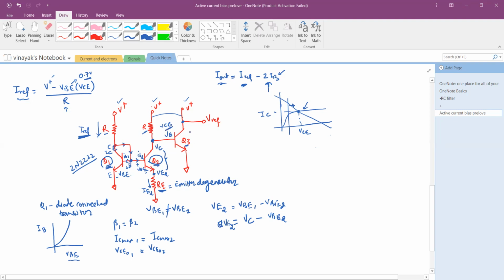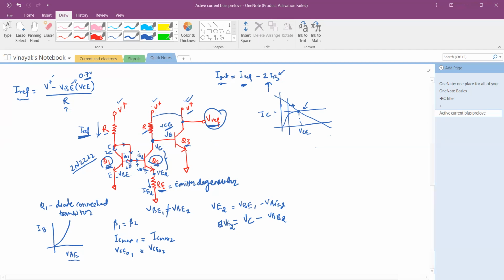You need to ensure, for given values of voltages and resistance, that you calculate voltages and currents in the circuit to make sure your transistor Q3 is biased in the active region. Finally, the voltage at the collector of Q3 is your reference voltage. However, this reference is not constant if there is a change in the supply or in the temperature. It is just to show you how we can generate the reference voltage with a transistor circuit. The purpose here was to analyze this circuit.